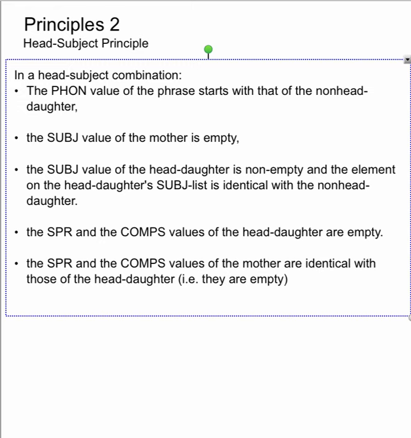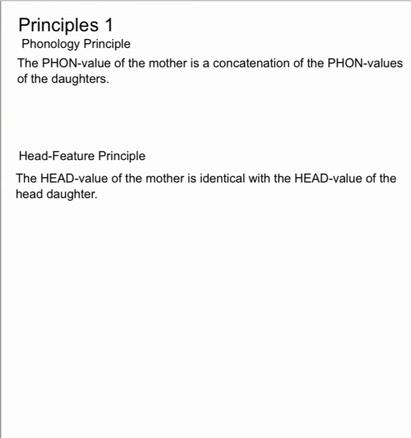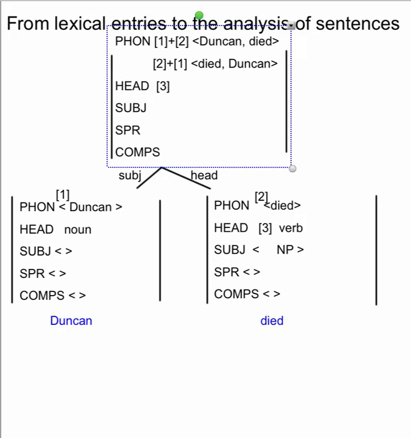First, the phonology value of the phrase starts with that of the non-head daughter. So you see that this part interacts with the phonology principle. The phonology principle just said, okay, we either get Duncan died or died Duncan.